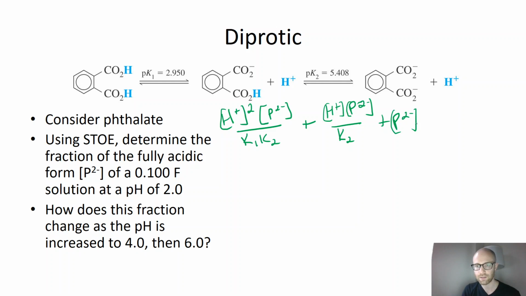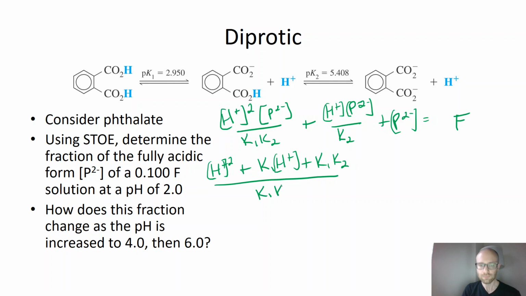That would make sense. So using the K2 expression, we should have H plus times P2 minus over K2 plus P2 minus equals F. Again, we're going to factor out. And then again, we're going to try and put this together such that our common denominator is there. In this case, it looks like the common denominator should be K1 K2. So factoring out, we're going to get H plus squared plus K1 H plus K1 K2 over K1 K2 equals F over P2 minus.